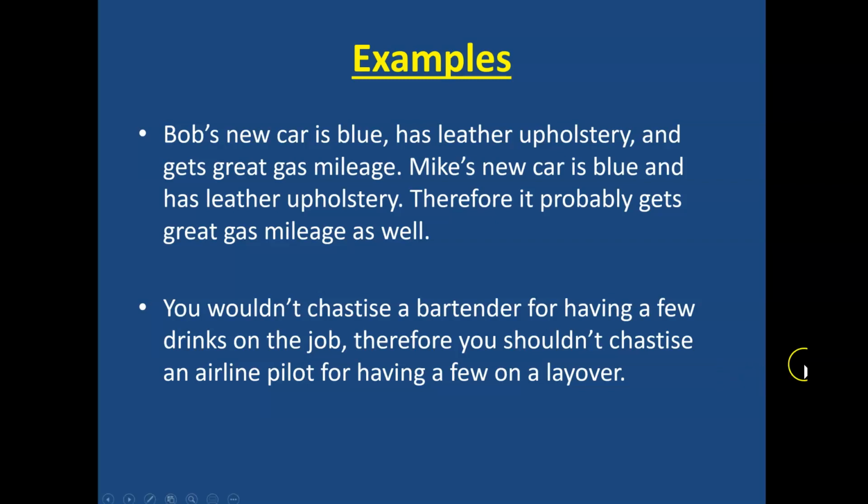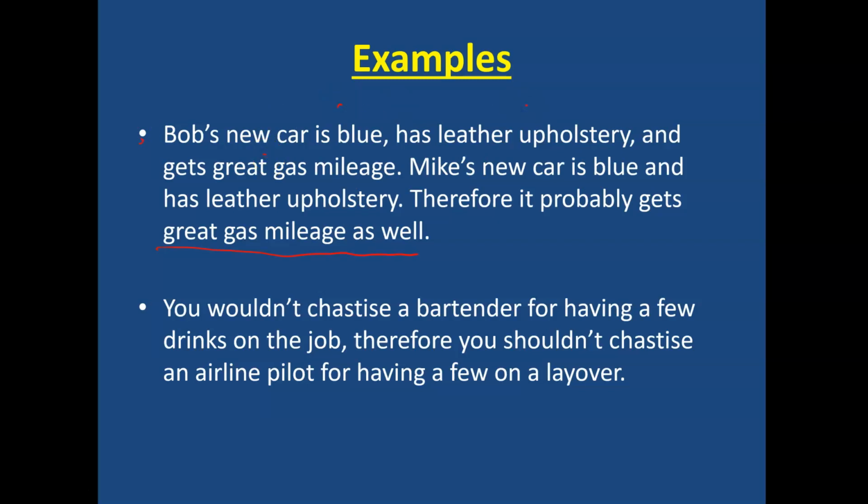Really, obviously, an obvious weak analogy, right? So you're trying to argue that Mike's new car probably gets great gas mileage. Well, how do you know? Well, Mike's car is blue and has leather upholstery just like Bob's. And Bob's gets great gas mileage.